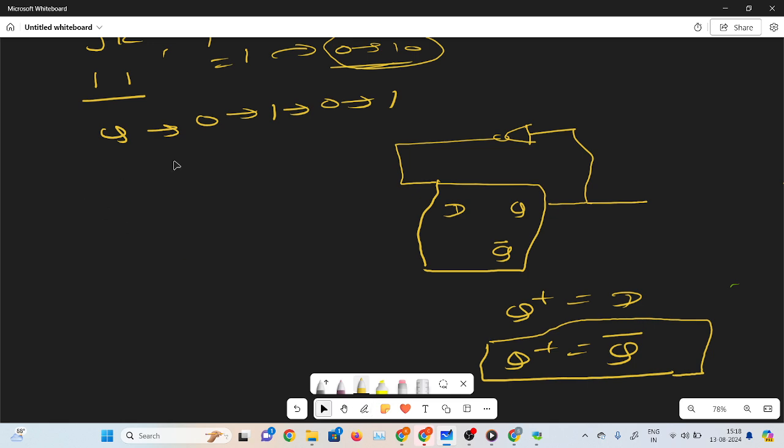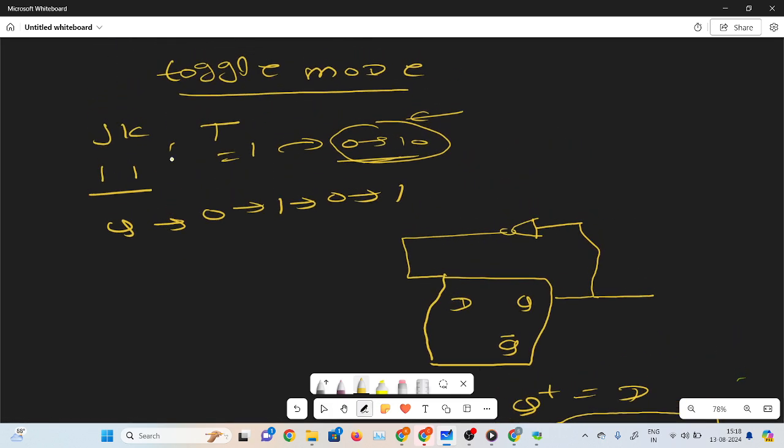How? By the help of the JK flip flop. For the JK flip flop, the next state equation is Q plus equals J Q complement plus K complement Q. Here you can see J and K are equal to 1. If we provide J equal to 1, it will be Q complement, plus if we put K equal to 1, 1 complement is 0, overall 0.